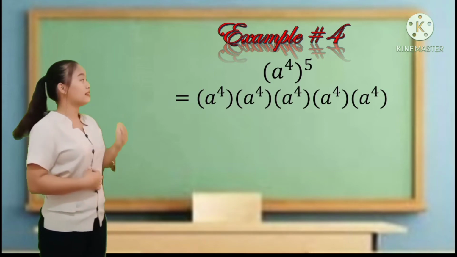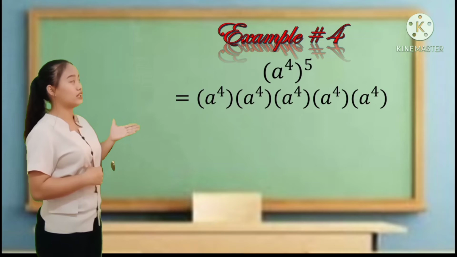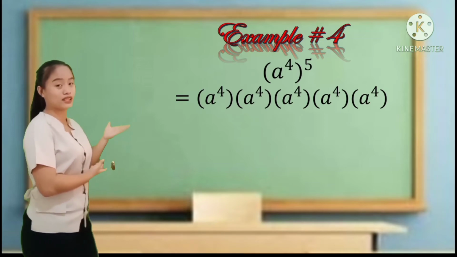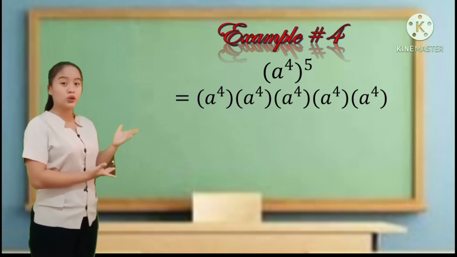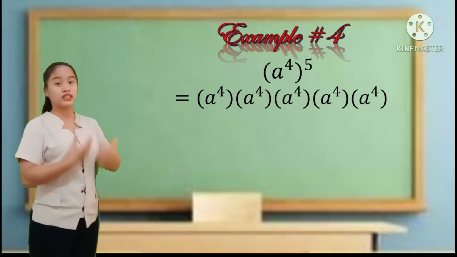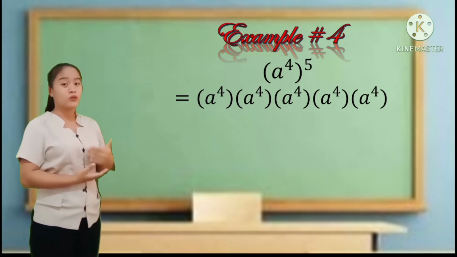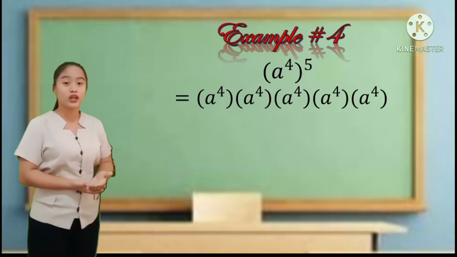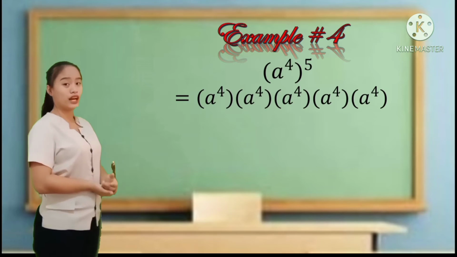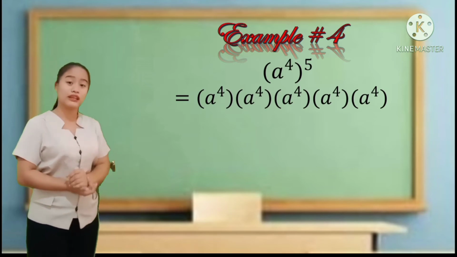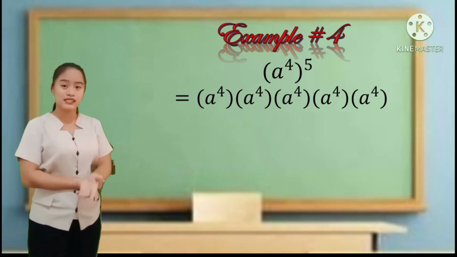Okay, so now that you already have this expanded form of a raised to 4 raised to 5, you will do the same as what we did a while back. We will add the exponents of the same base. In our problem, we have only one base. What is this?